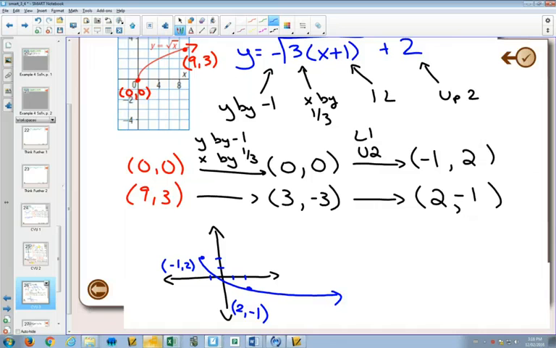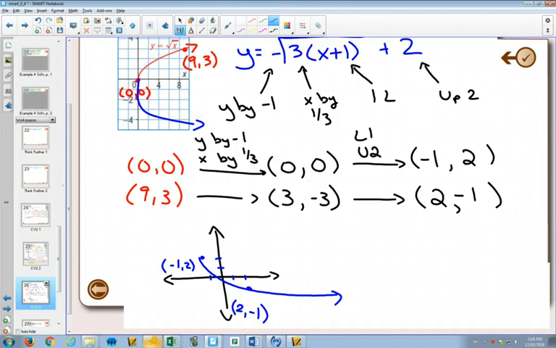Now, when you're asking yourself which one it should be, you do these transformations in your head without points. Don't worry about specifics. But if I multiply y by -1 and I flip it over the x-axis, can you see that this would look like that? And then if you multiplied x by 1/3, it's going to get wider and look like that.